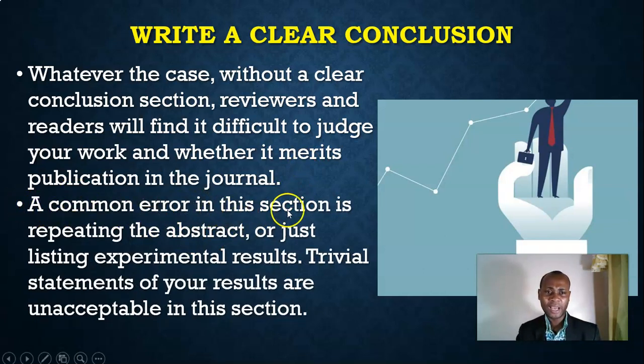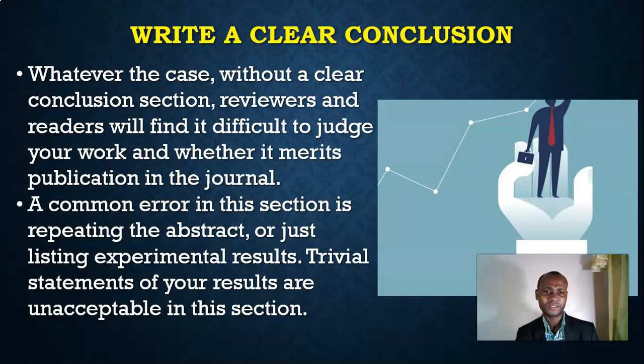Okay, so a common error in this section is repeating the abstract or just listing experimental results. Trivial statements of your results are unacceptable in this section. The common mistake that researchers make is that in a conclusion, they will just restate the abstract or state all the results.